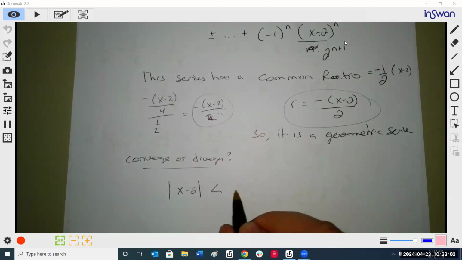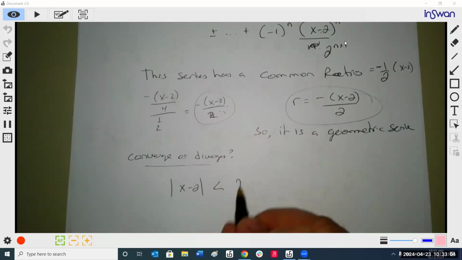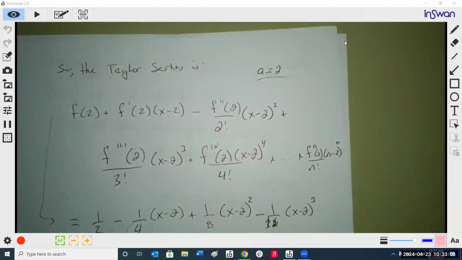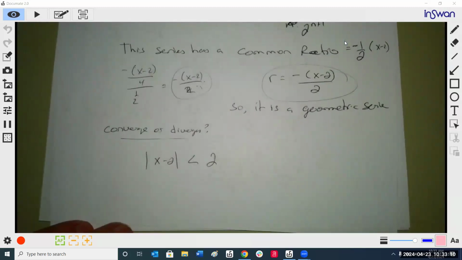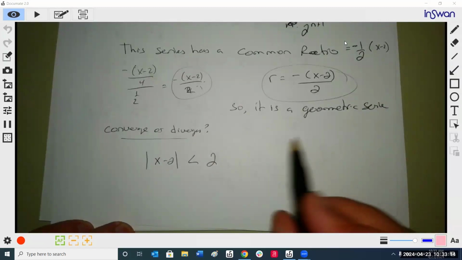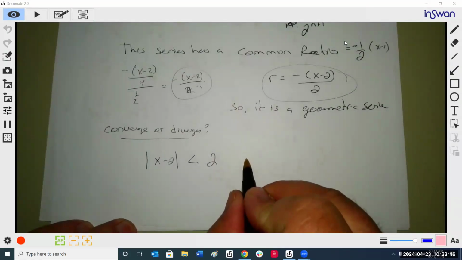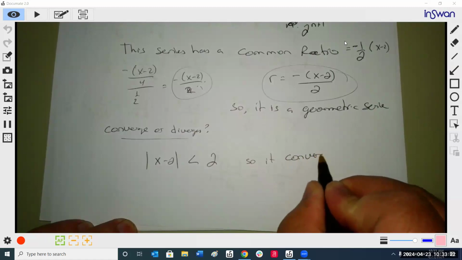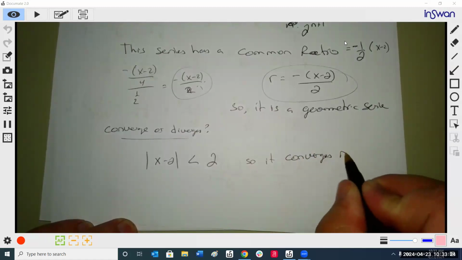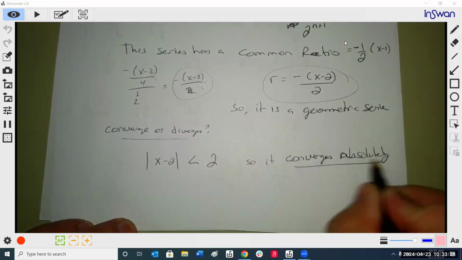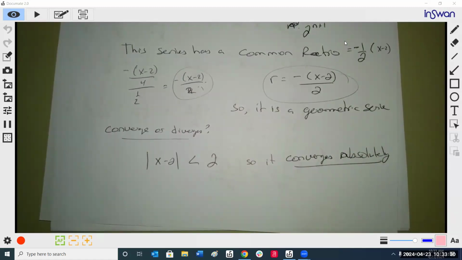It's less than 1, so the absolute value of x minus 2 is less than 2. That's what a is. So it converges absolutely.